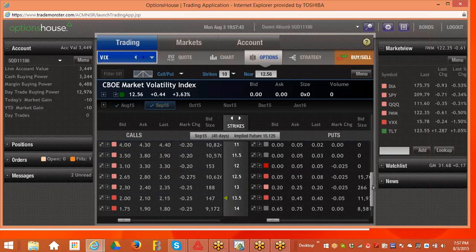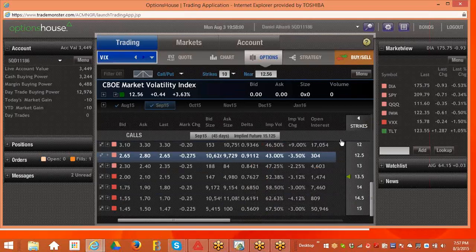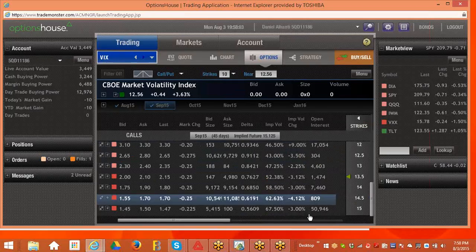Some of the puts, when you're playing this the other way, you can get them when they're at 20. You can see the open interest, how many of the calls were taken out.